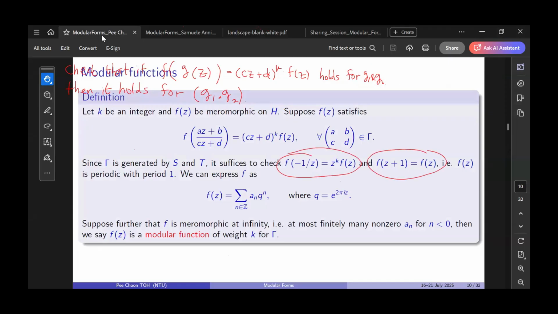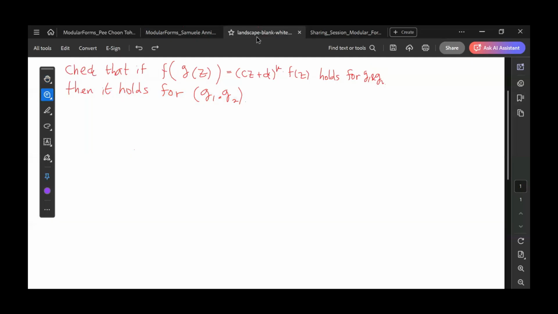If these two are correct, then this is always true for any gamma. We actually have to prove these properties first, so we work backward here, but it's okay.